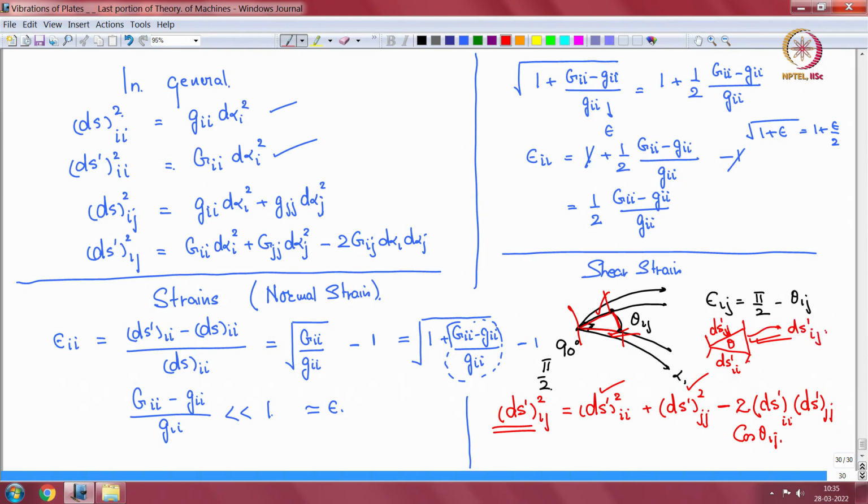Okay. Now, but we also know from this formula here, we also know. Okay, so let's rewrite this.